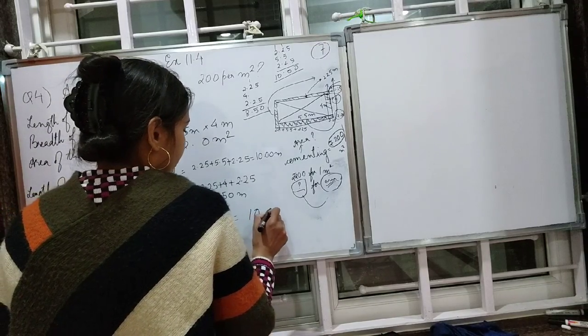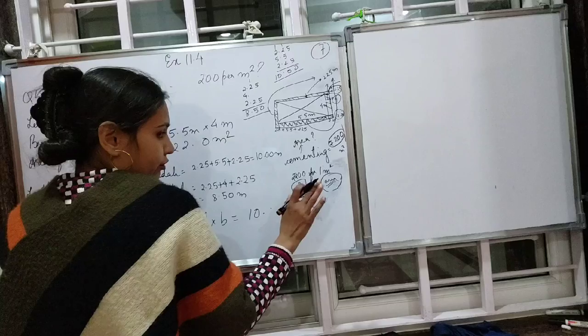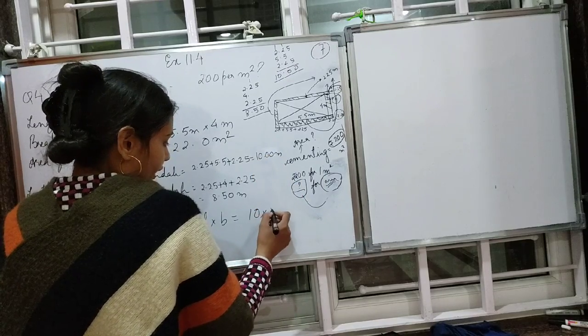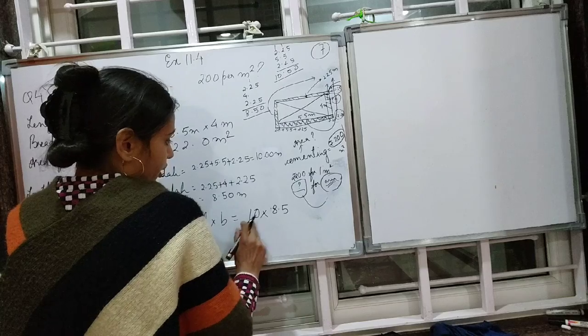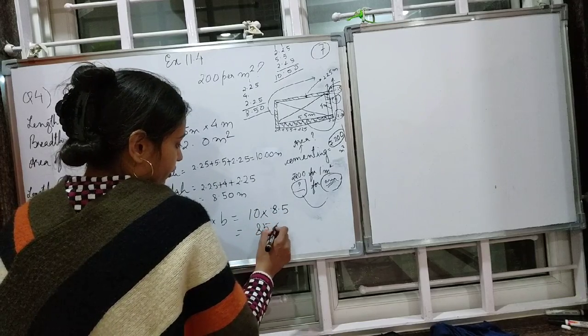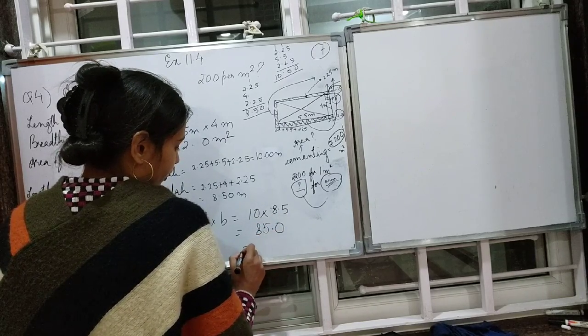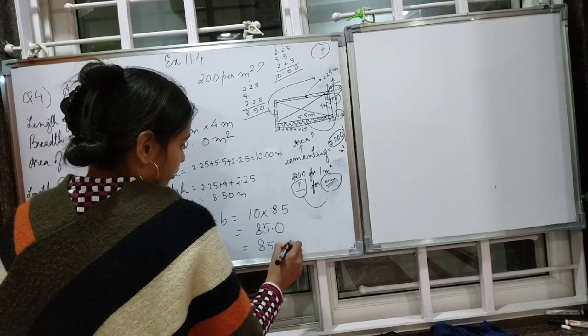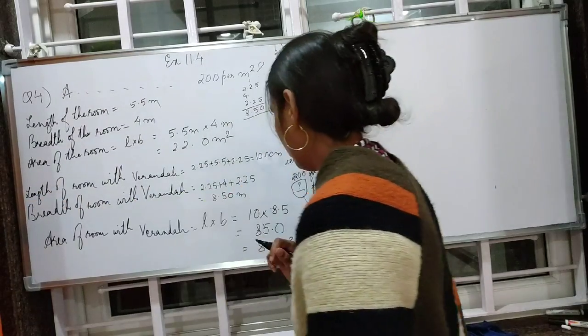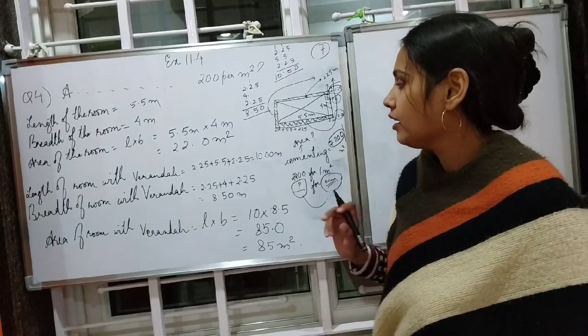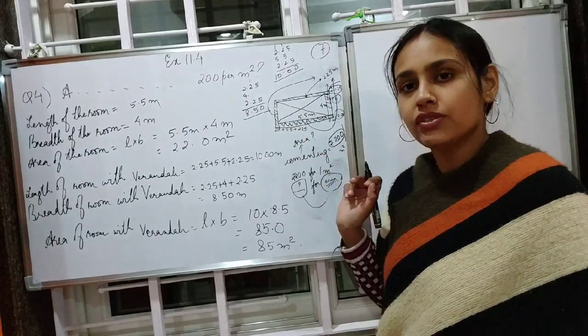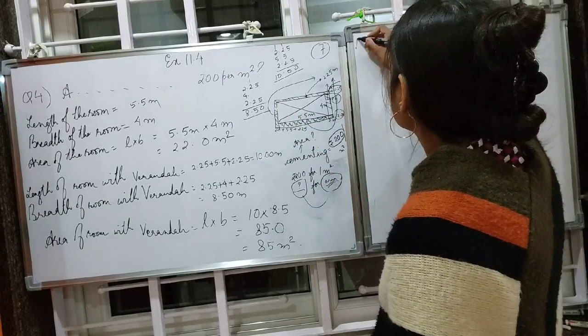That is 10.00, I am leaving it, so into 8.5. Now this becomes 850 and one place decimal, so 85 meter square. Now children, we have to find the area of the veranda only. For that we subtract the two areas which we have found. Okay, so let's start.